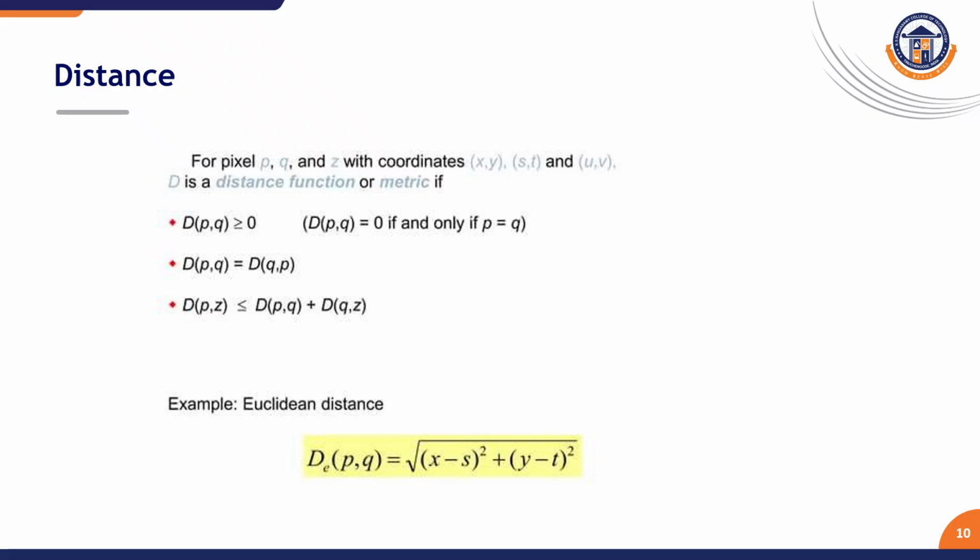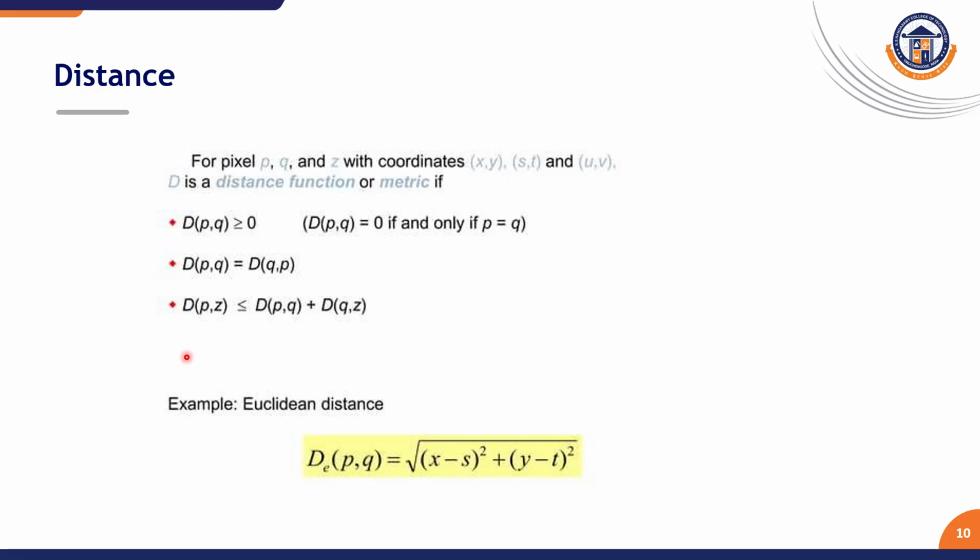So here the term distance. The distance between two pixels or two coordinates, that is d of p comma q, is represented here.